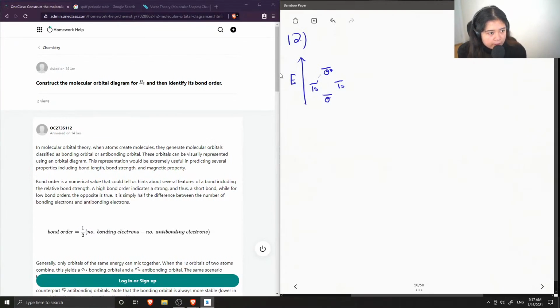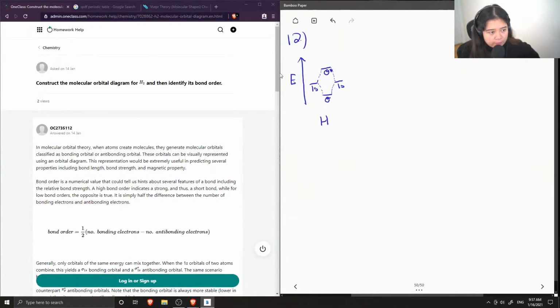Then you connect with dotted lines. And this typically shows where the electrons would go if they formed a hydrogen-hydrogen bond.